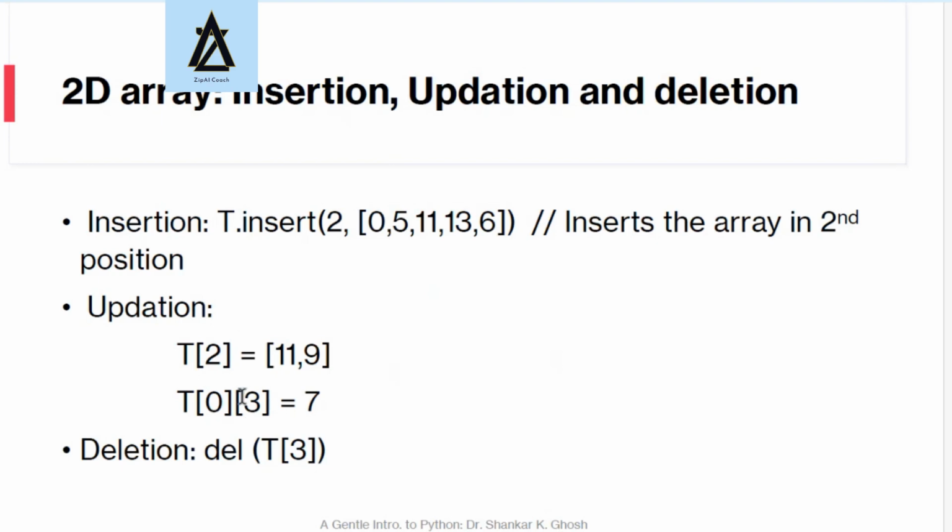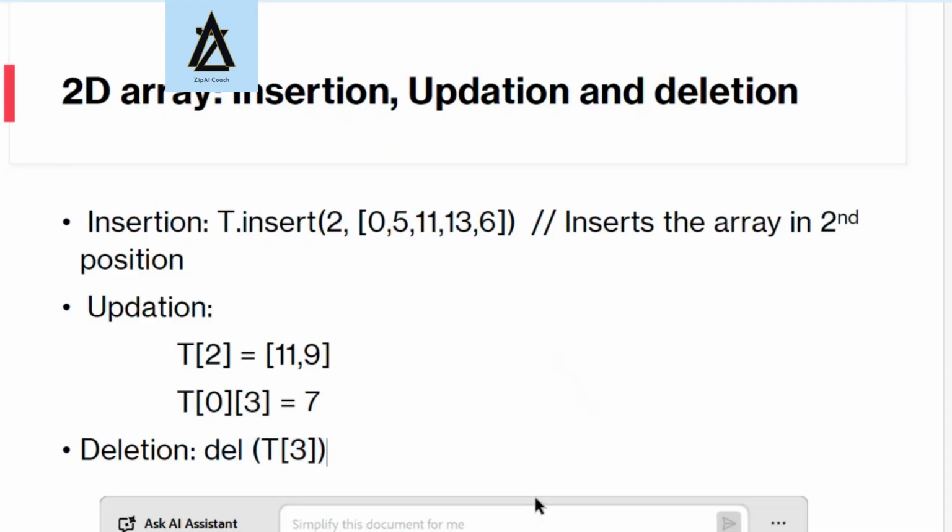Now updation. If you write T[2] equal to something, that means you want to replace the second array using 11. If you write T[0][3], that means you want to replace the third element of the 0th array. Finally, deletion. If you write del T[3], that means you want to delete the third element.